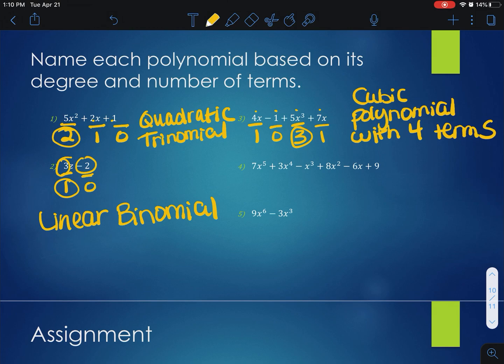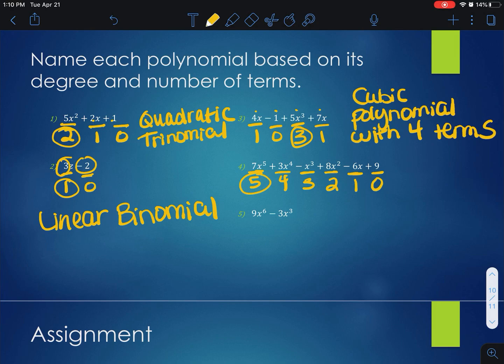All right, number 4. 7x to the 5th power, the degree is 5. 3x to the 4th, the degree is 4. Negative x cubed, the degree is 3. 8x squared, the degree is 2. Negative 6x, the degree is 1. And 9 is a constant, so the degree is 0.